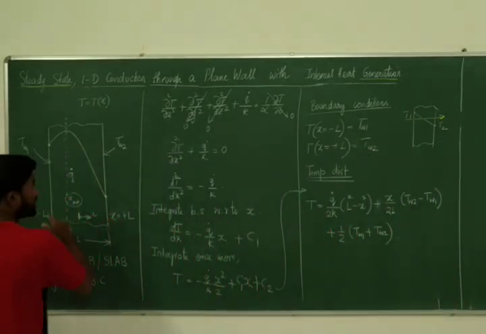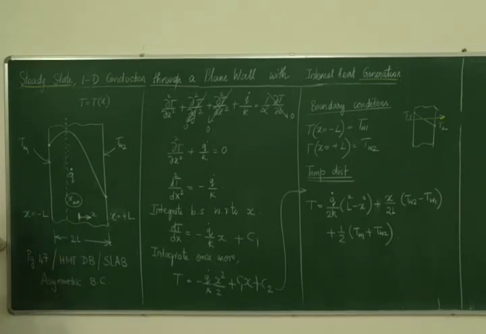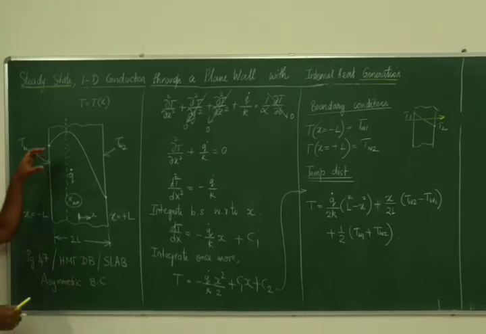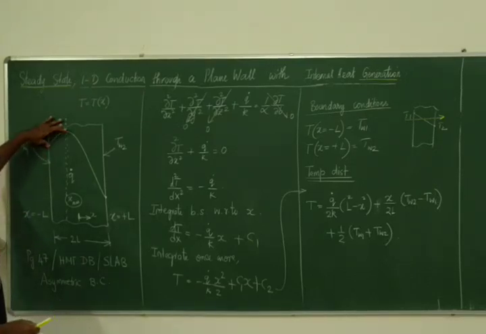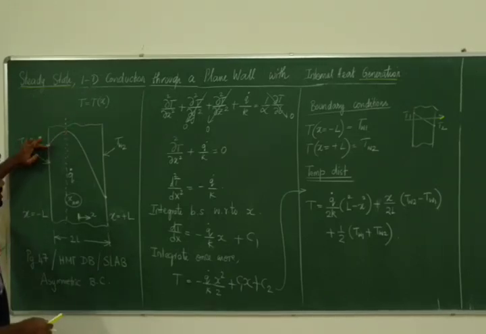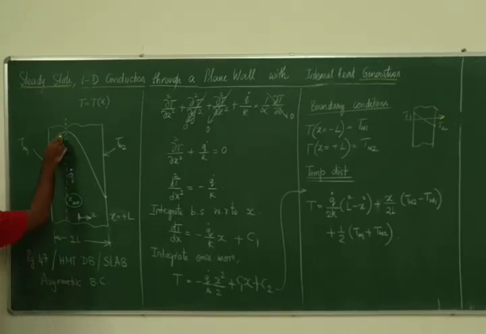Here also the heat transfer is going to be from left to right, but there is going to be a slight rise in the temperature. You see that here the temperature rises. This is high temperature and that is low temperature. So heat always transfers from high temperature to low temperature naturally. So in this side of the wall, heat will be transferred like that.